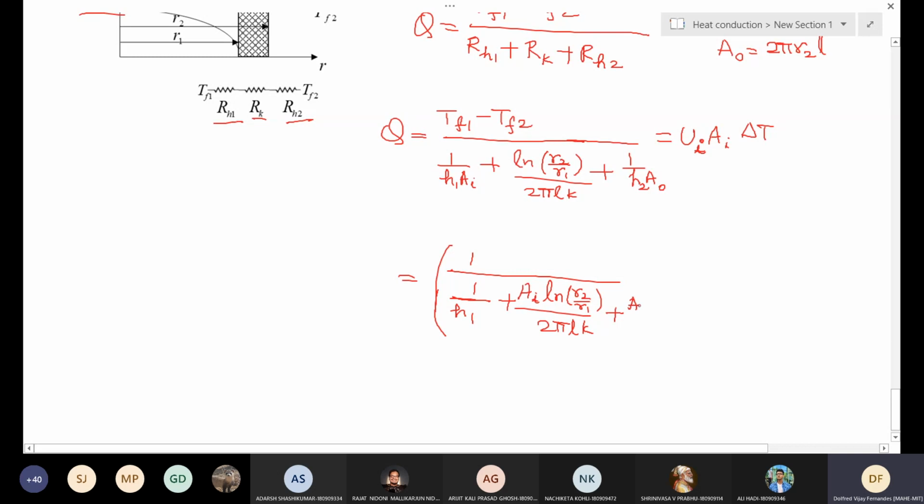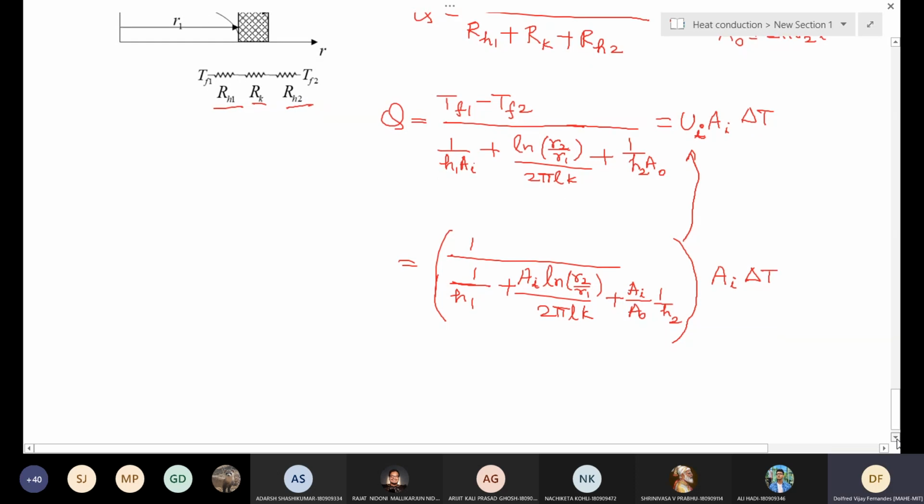And again here also I should multiply Ai by Ao into 1 by h2, into Ai delta T, Tf1 minus Tf2. So this is now Ui.